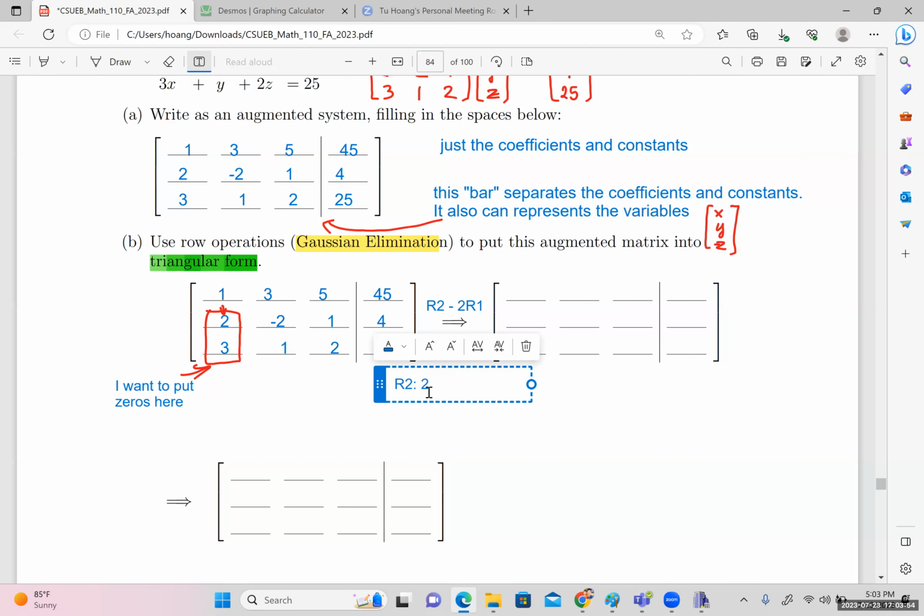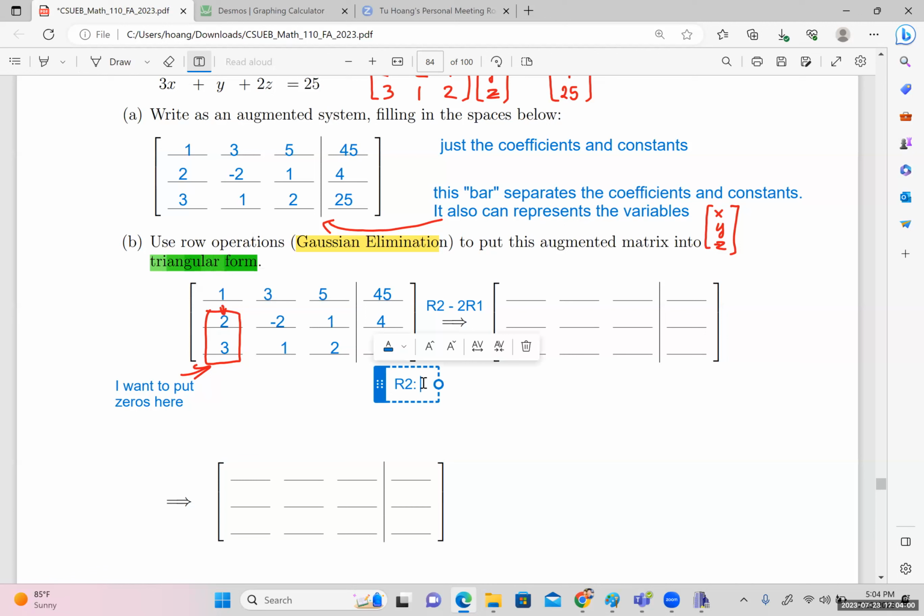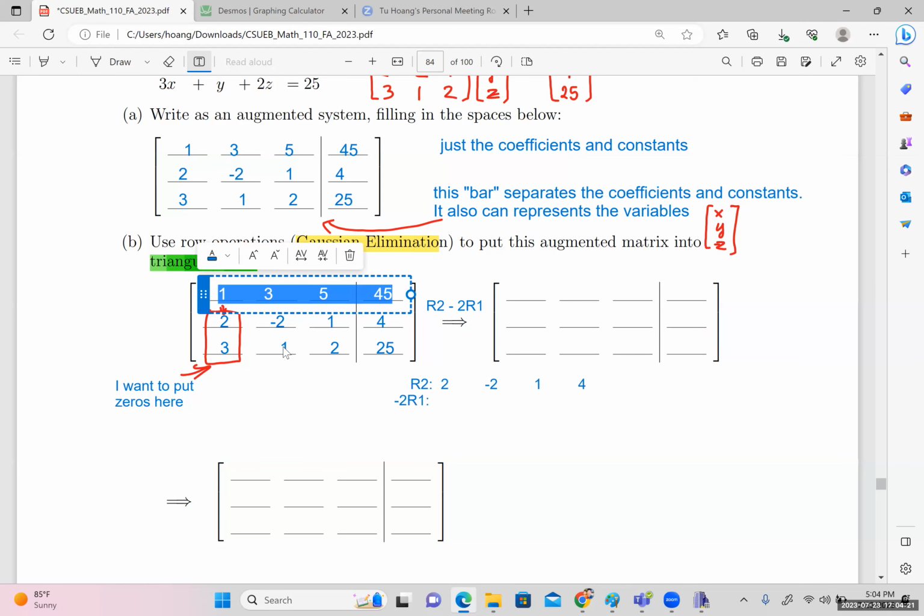Row 2 was 2. I'm actually going to copy this, and I need minus 2 times row 1. So you know that's row 1 for this guy.